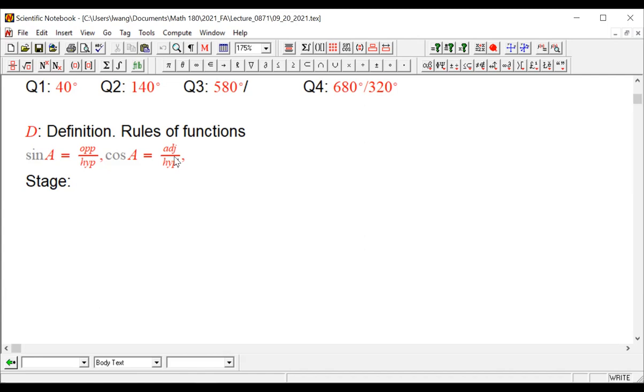So here it is, the definition of trigonometric functions. Okay, listen up. You might not have paid much attention to this definition, but to me, this definition is super duper important. I'm going to show you. Now, if theta, okay, I'm going to use A because A is for angle.